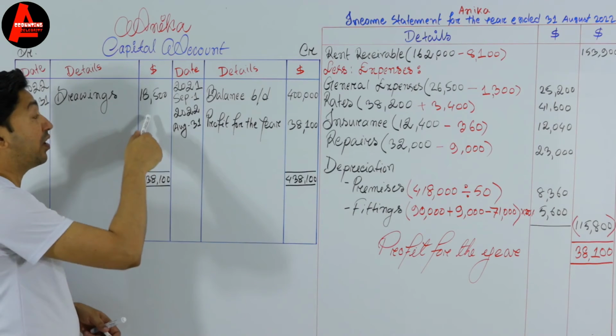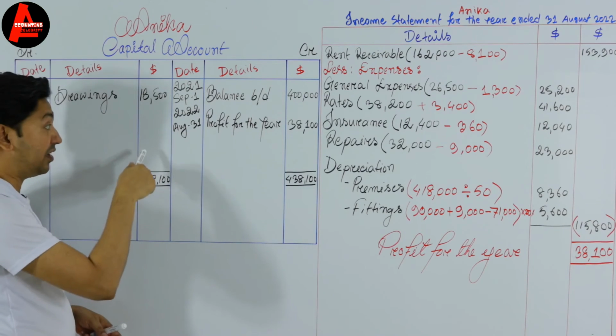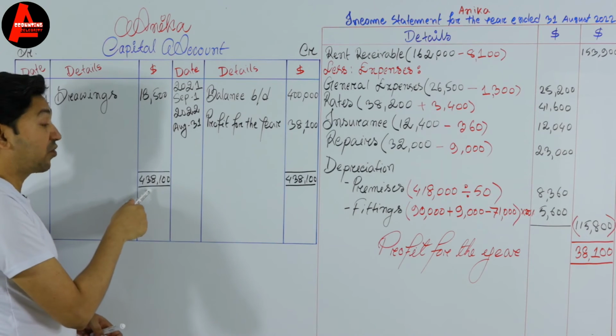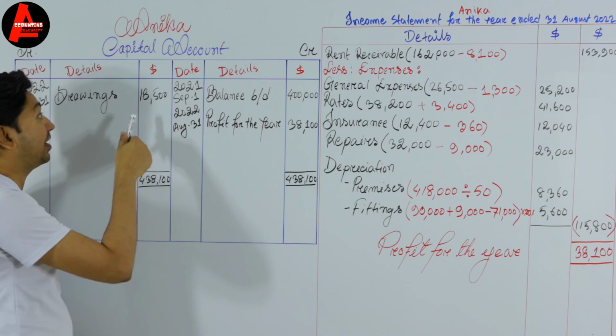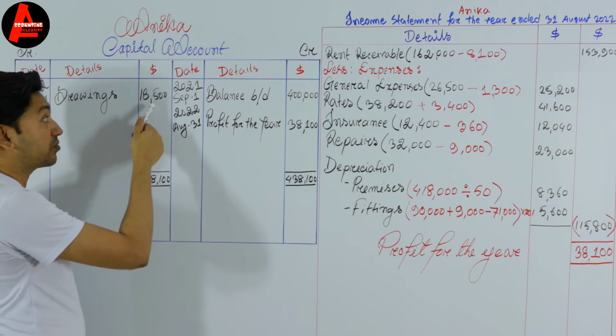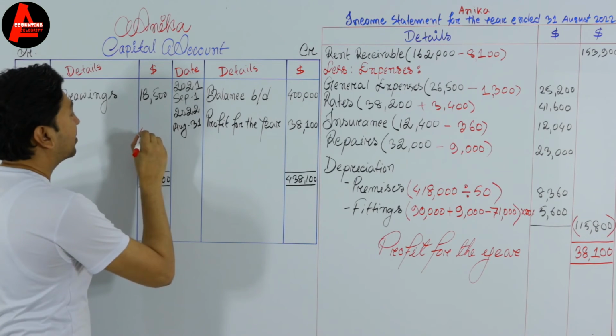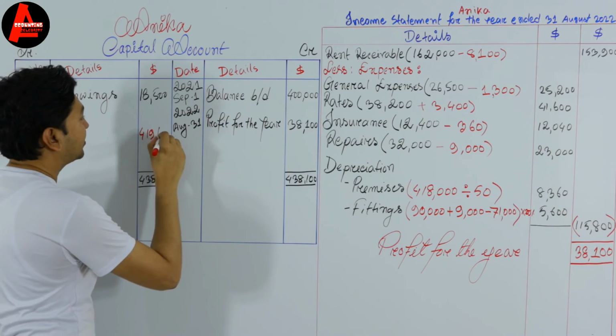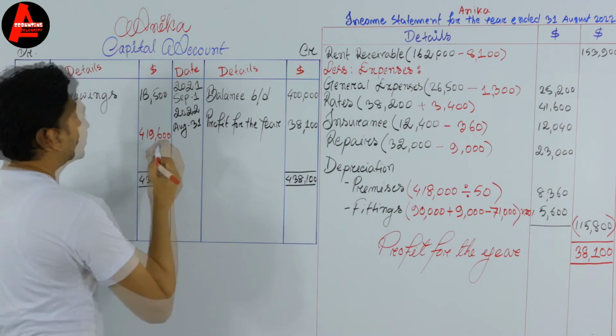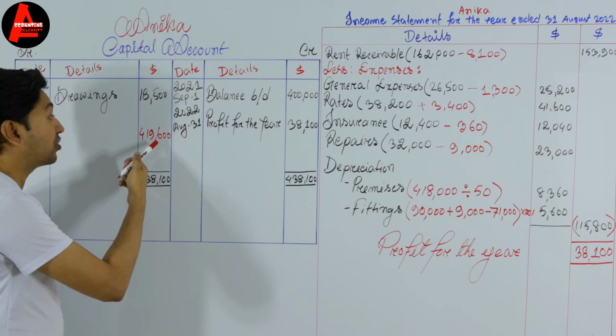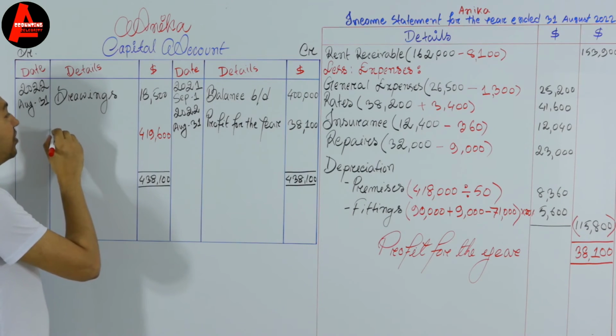Then on the debit side we have only one item, which is to be subtracted from this total: $18,500. If we subtract this amount from the total, we get $419,600. What is this amount called? This is the closing balance.